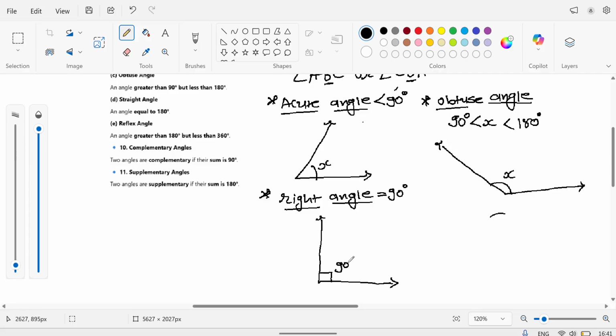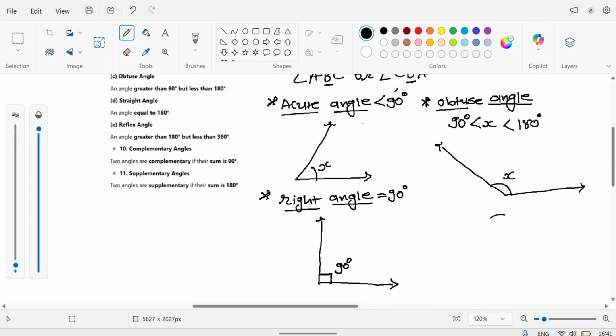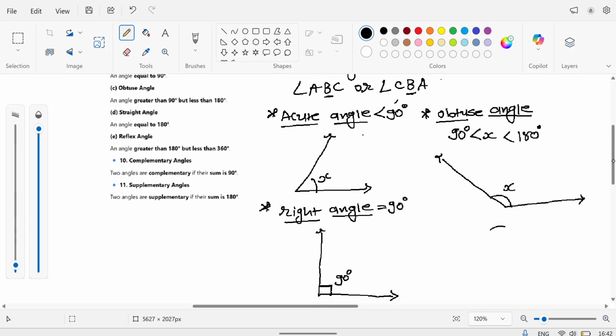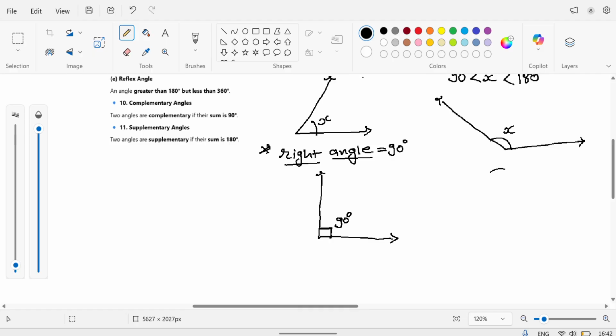A right angle is always denoted by the square angle notation, the square representation of the angle.